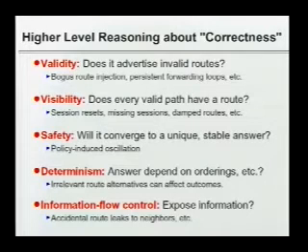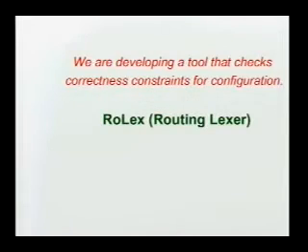So the idea is when we're writing our configuration checker, and as we've developed it so far, we keep these properties in mind and try to figure out, okay, let's say I want to write a check to make sure that validity or visibility is violated. What types of things affect these properties, and how can we write rules that allow us to say whether or not property A is satisfied or is not satisfied.